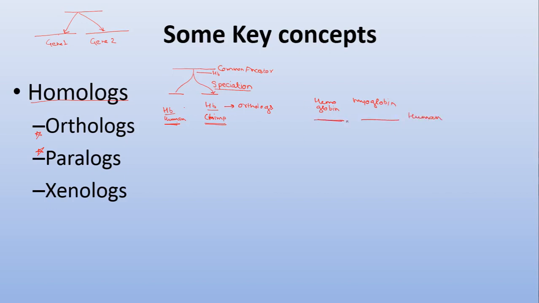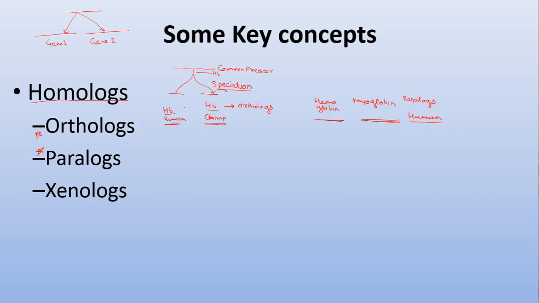You have the hemoglobin gene and the myoglobin gene, and the two proteins or genes that perform different functions in the same species are called paralogs of each other. Now let us talk about how these paralogs arise.